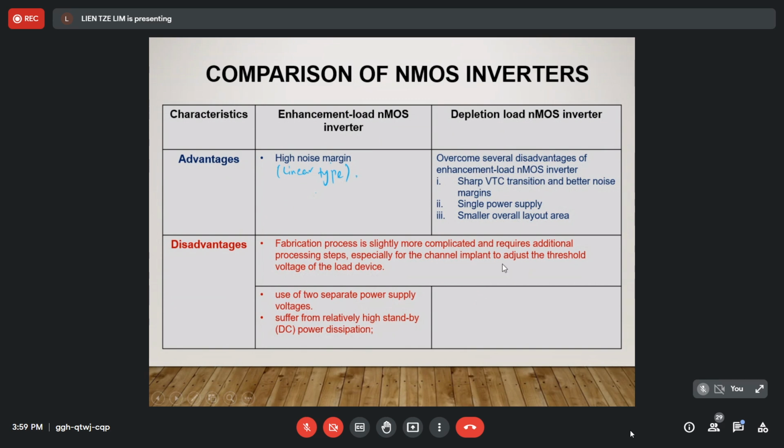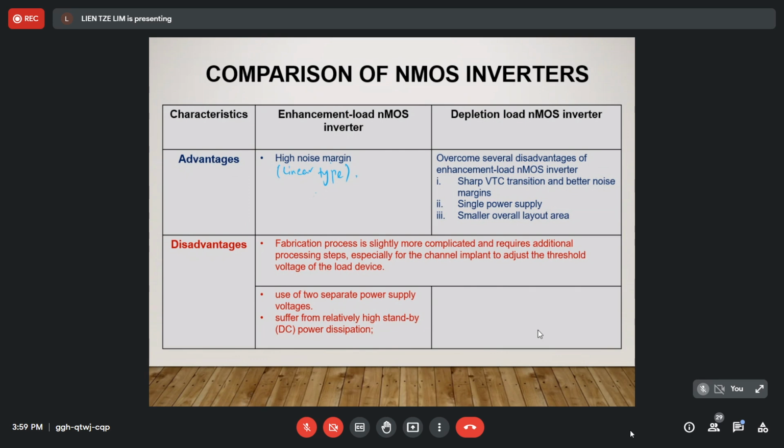This is the only disadvantage of the depletion load inverter. Other disadvantages are not stated here. As I have read and studied from one of the reference books, this is the only disadvantage that I can determine.